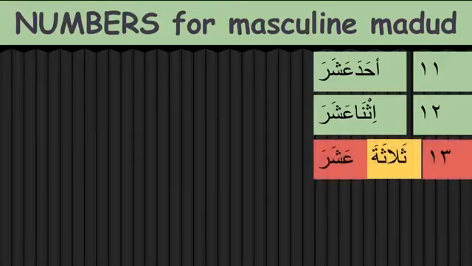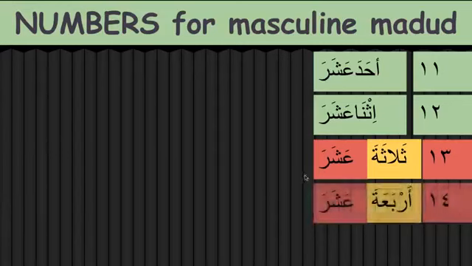Coming to 13, this is where things change. Like from 3 to 10, we have different characteristics, and from 13 it's the same characteristics here. The first number, thalathata, will be used for a masculine ma'dud, and ashara will remain ashara.